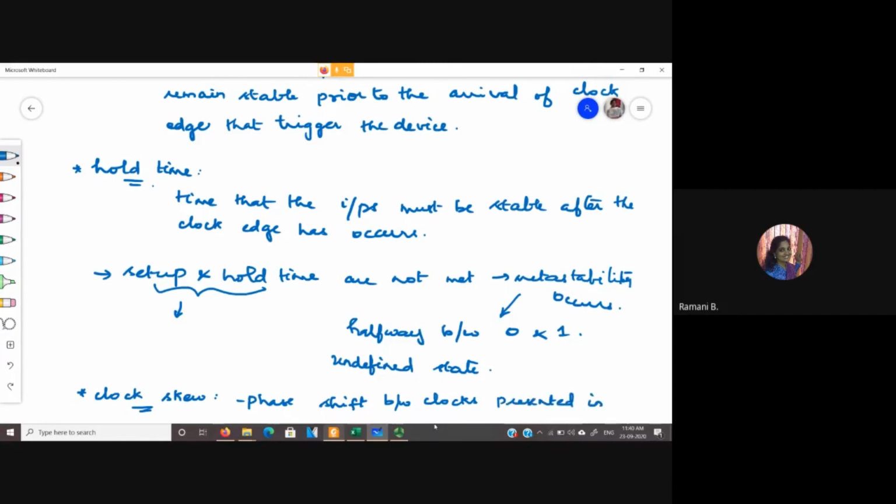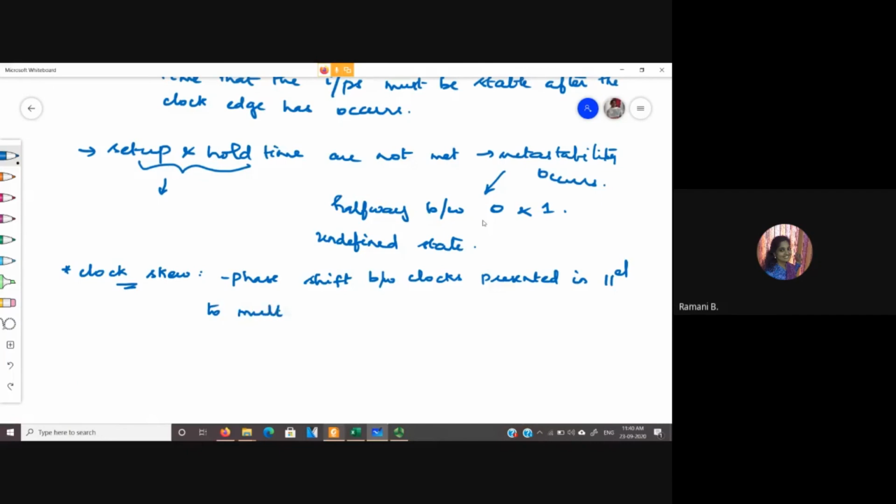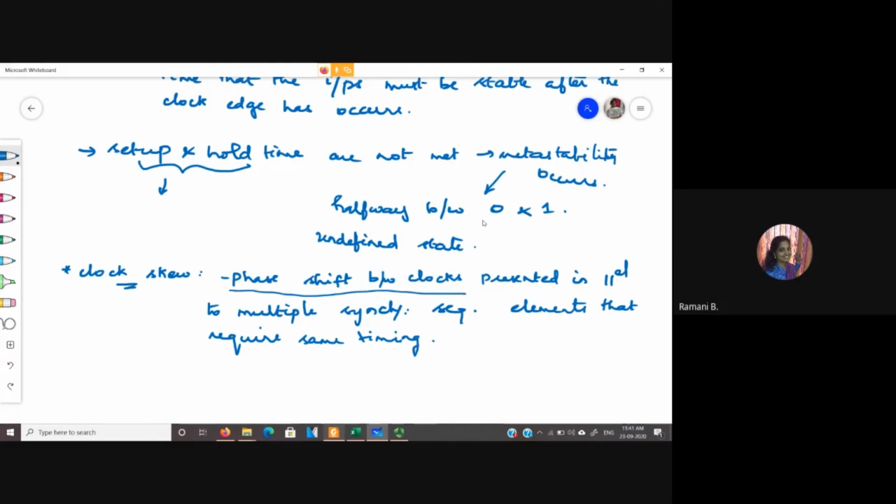This is present in parallel to multiple synchronous sequential elements that require the same timing. You have to remember mainly this, the phase shift between the clocks. And this metastability, we also sometimes call the quasi-stable state.